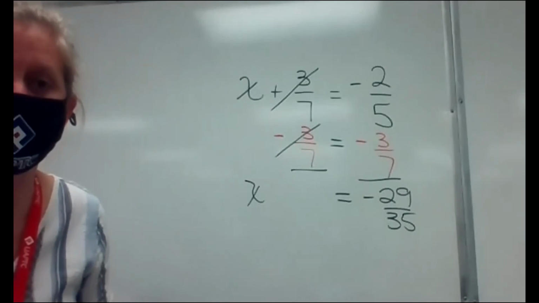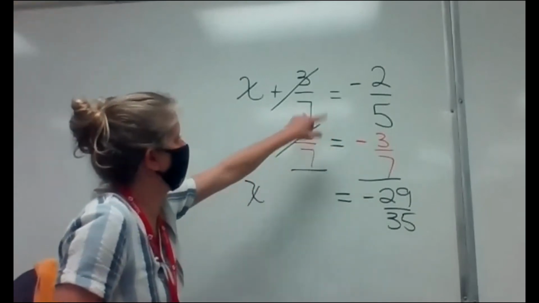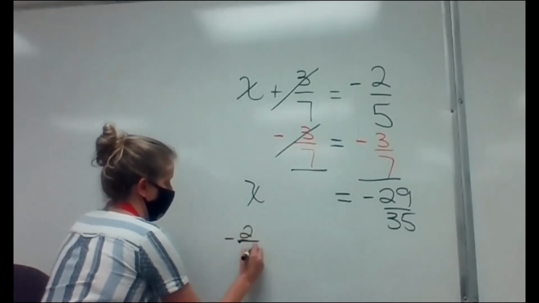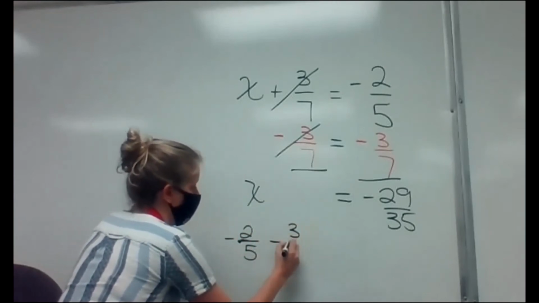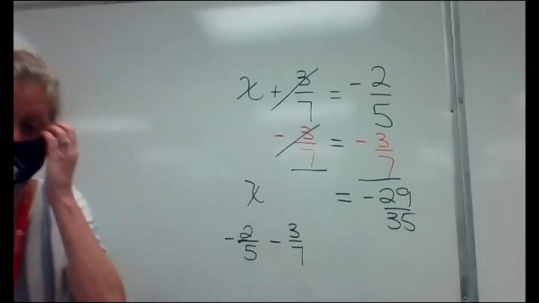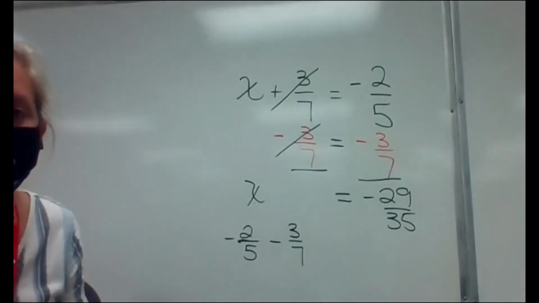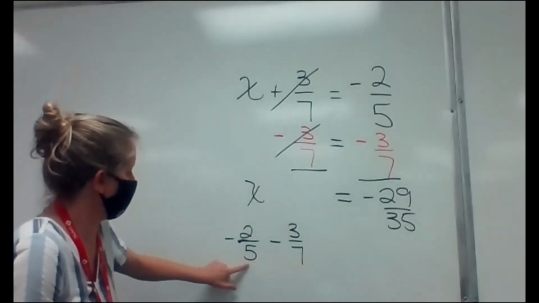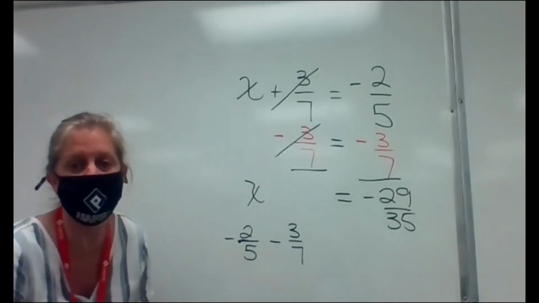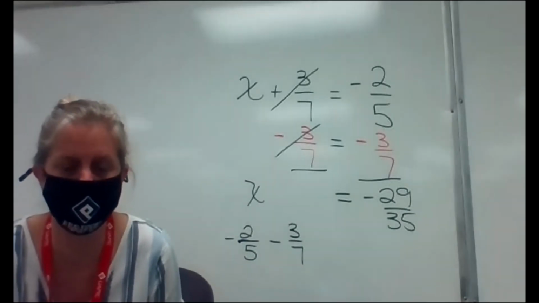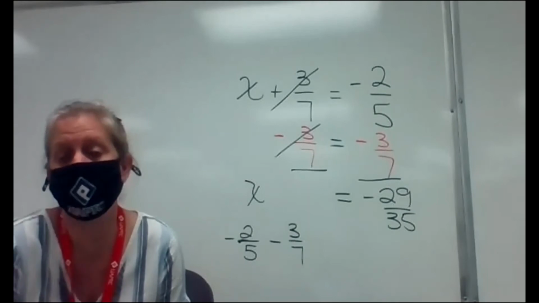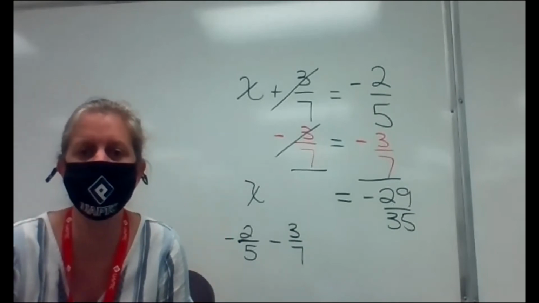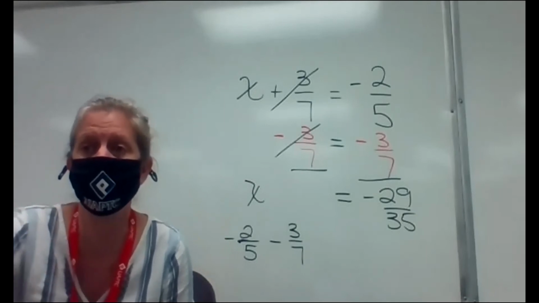If you don't have your calculator yet, I'm going to do this math by hand real quick. Negative 2/5 minus 3/7. Now, this one is a little bit more difficult to find the least common denominator, right? I've got to try to find the smallest thing that 5 and 7 will go into.